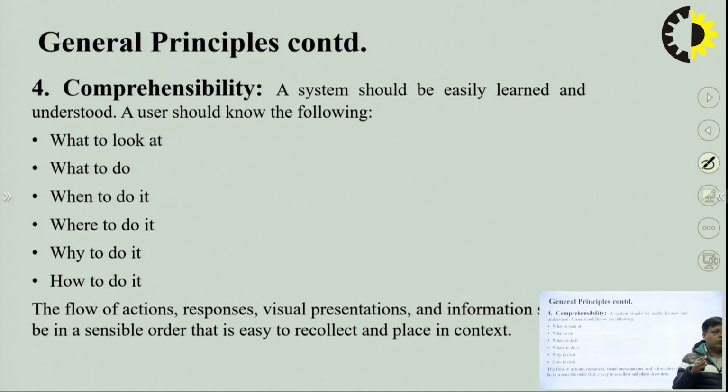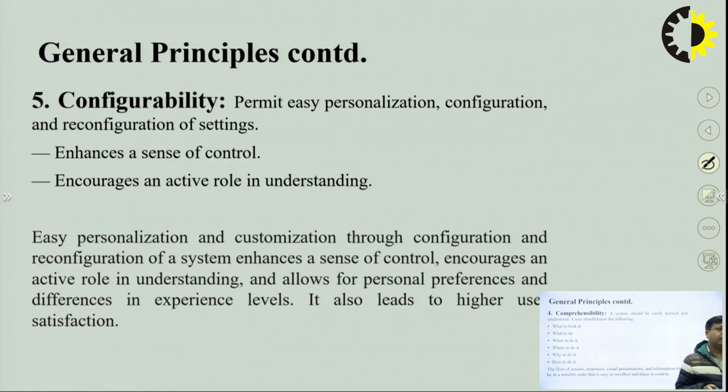So to achieve comprehensibility, these features must be included: what to look at, what to do, when to do it, where to do it, why to do it, and how to do it. Those scenarios must be clear to the user. There should be no complication, right? There should be directness in understanding the flow and actions. The user should not get any complication. So that kind of direct comprehensibility should be in the interface.